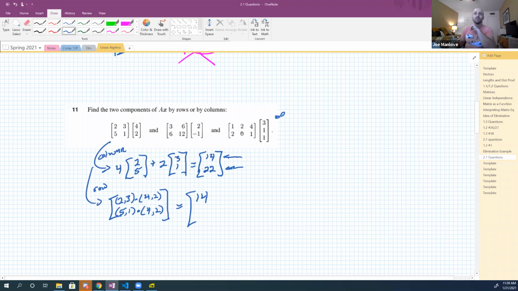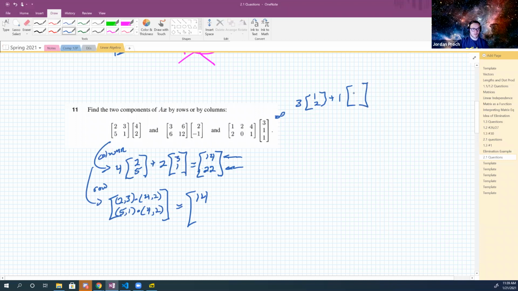But in this guy, if we do the column picture, we're going to get 3 times (1, 2) plus 1 times what? (2, 0). And then what's our last one? 1 times (4, 1). Perfect. Cool.